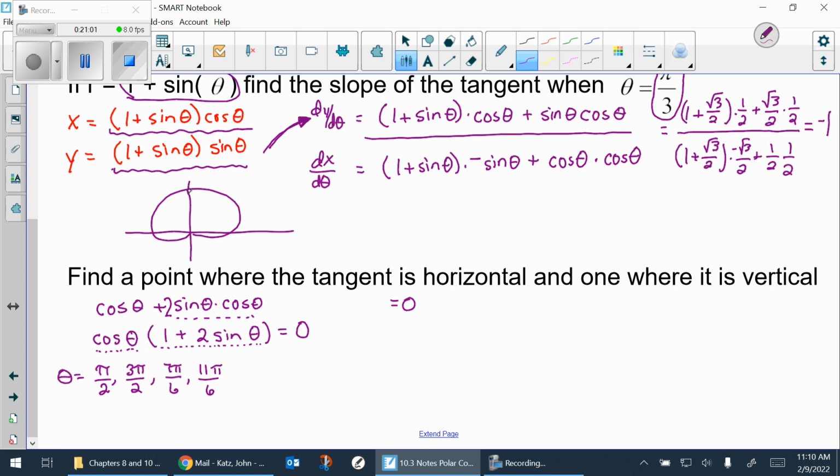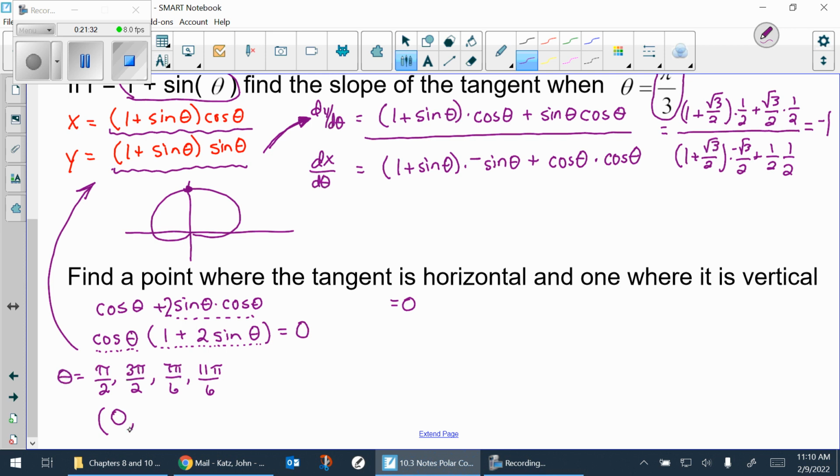And yeah, it seems as if up here at pi over 2 that we would have a horizontal tangent. And so I am going to find the point when theta is pi over 2. If I put theta is pi over 2 in for x and in for y, let's see what we get. I put that in for x, 1 plus 1 times nothing is nothing.